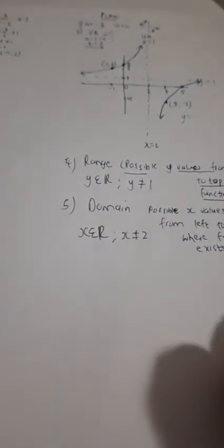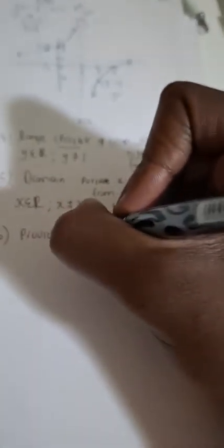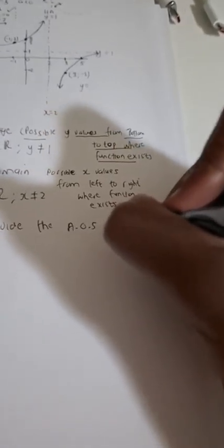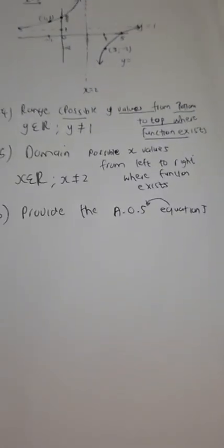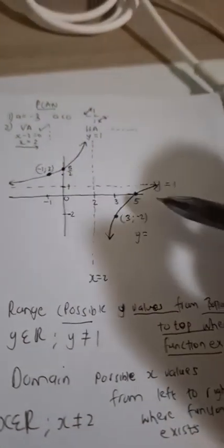Okay. All right. Another question that they ask is, provide the axes of symmetry, the equations of the axes of symmetry. They're asking us for the equations. This means there's more than one equation of the axis of symmetry where a hyperbola is concerned.